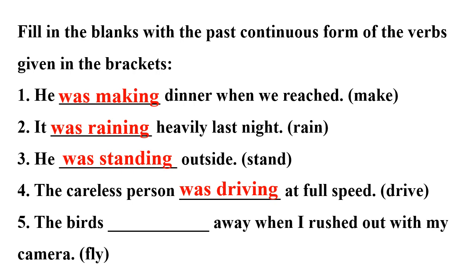In this sentence, the birds dash away when I rushed out with my camera. The subject is the birds. Now, the birds is not third person singular. It is a plural subject. For a plural subject, we have to use the helping verb were. And with the verb given in the bracket, we have to add ing. So the answer is, the birds were flying away when I rushed out with my camera.